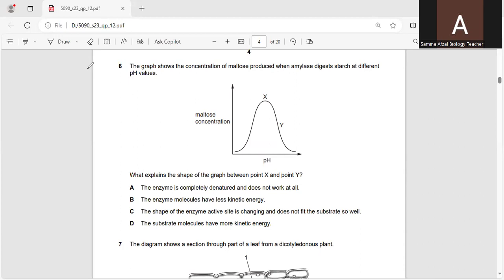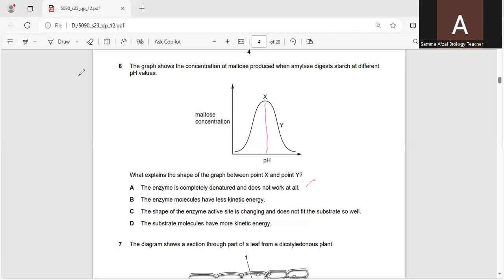You can see the different pH levels, and X is the optimum pH, which can be 7, and the maltose concentration is maximum at X. Now I would like to find out the answer. What explains the shape of the graph between X and point Y? The enzyme is completely denatured and does not work at all?